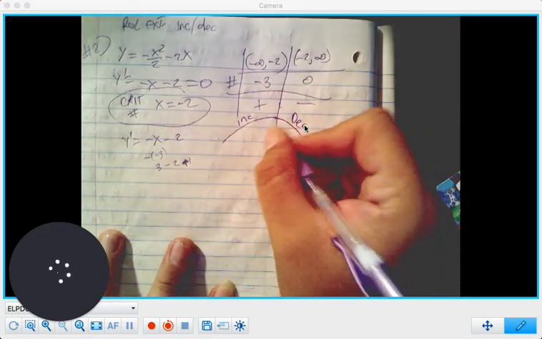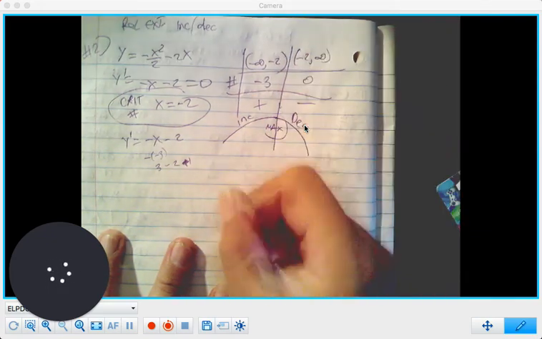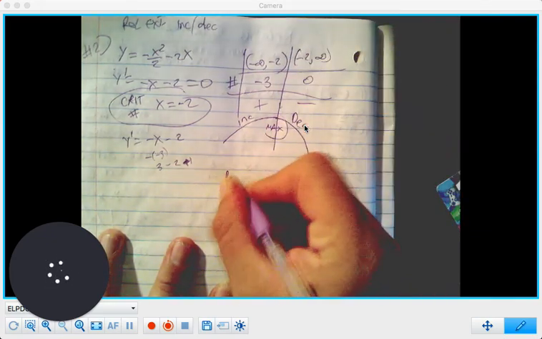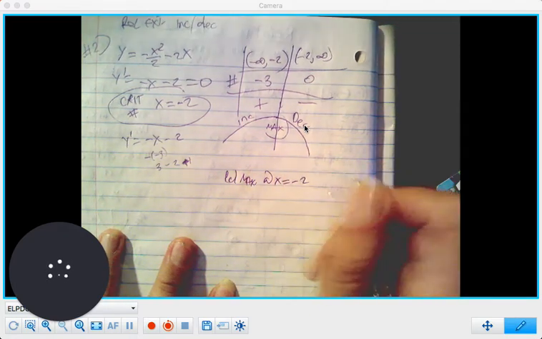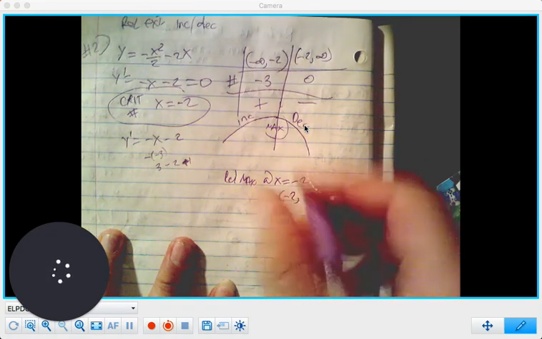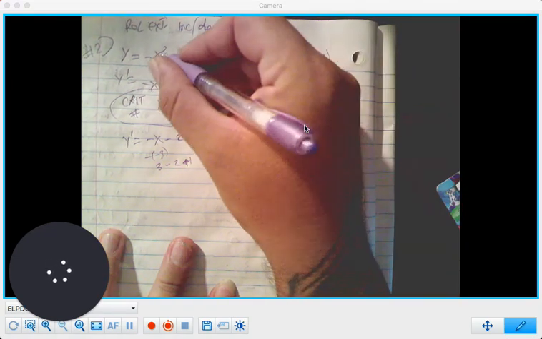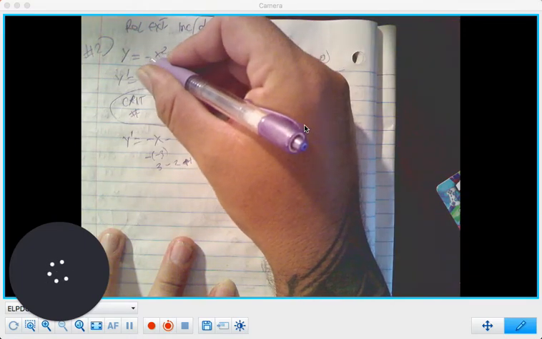Okay, so that means that this is a max, right? So where's your max? At negative 2. So relative max at x equals negative 2. And then remember we want to have the coordinate, so plug it in. Negative 2 squared, that's positive 4. But you have a negative, so 4 divided by 2, that's negative 2.